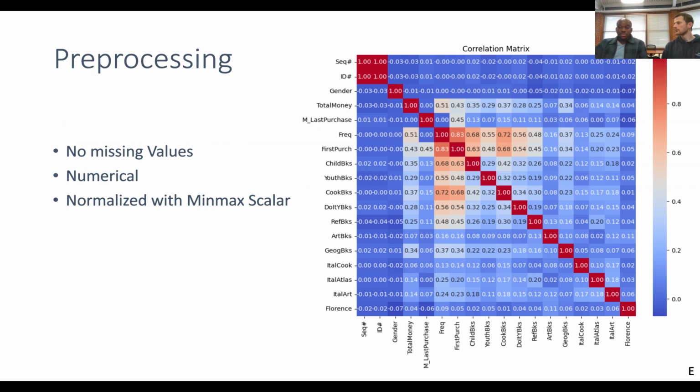We dropped the SEQ and ID columns because they might misrepresent our data. We performed data normalization, because some of the data were in different orders of magnitude, especially the total purchased and the different purchase timelines. Likewise, we checked to make sure that all the data in our data sets are integers and there was no missing data.